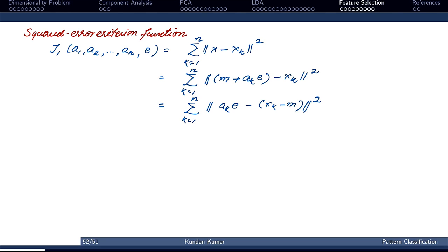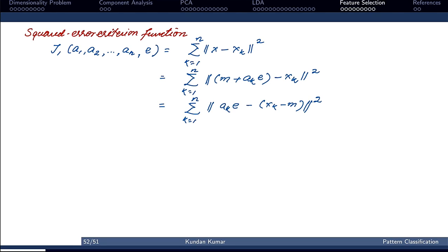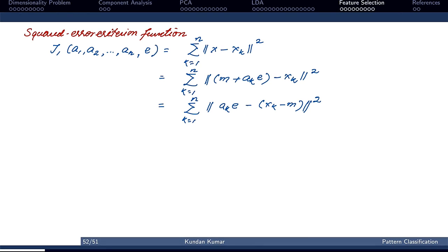Now we can compute the square of the given terms: ak squared times the norm of e squared, minus 2 ak e transpose (xk minus m).